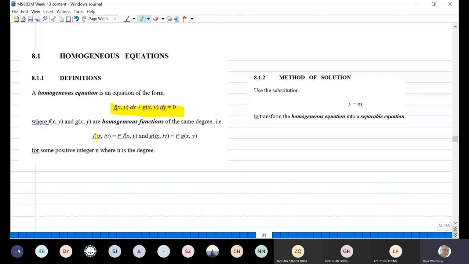Then f of tx, ty is equal to t to the power n times f of x y. And for g, if you change x to tx and y to ty, you get g of tx, ty equal to t to the power n times g of x y. Now this n is a fixed number, a positive integer, and both of them must agree. They call it the degree.